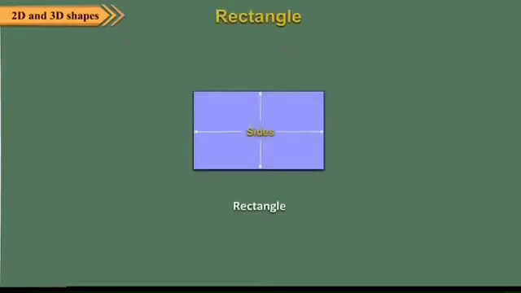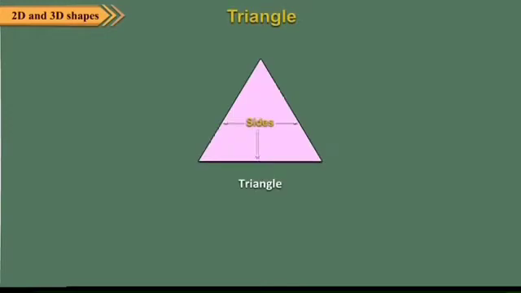Rectangle. A rectangle has four sides. The opposite sides of a rectangle are equal. It has four vertices. Triangle. A triangle has three sides.